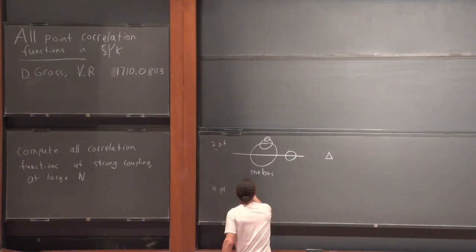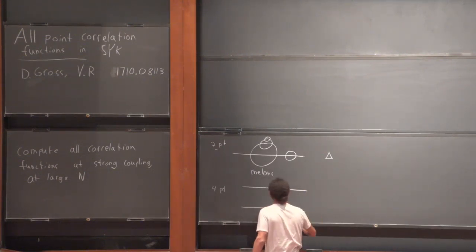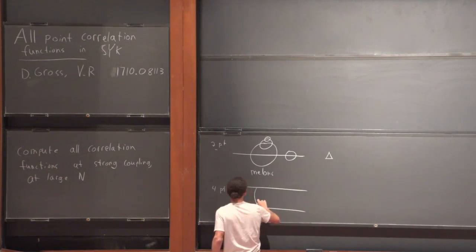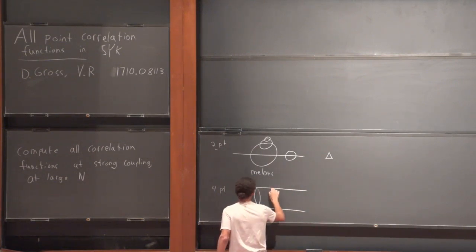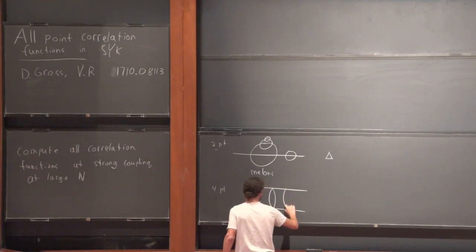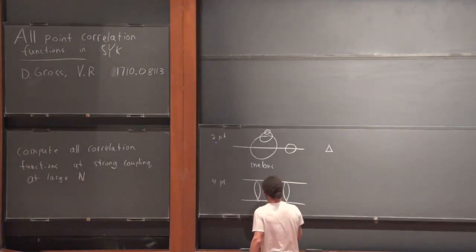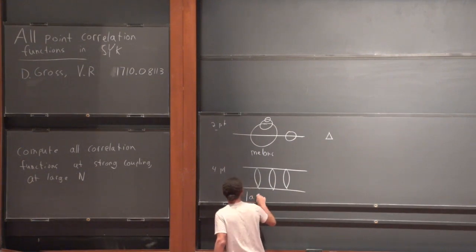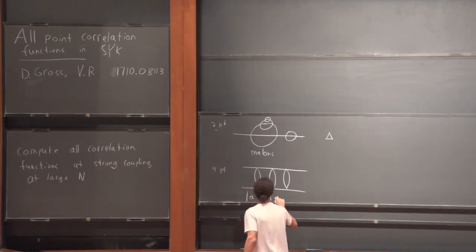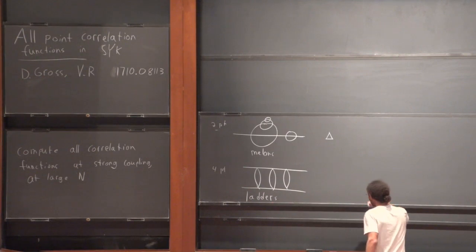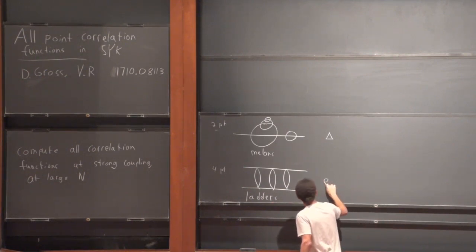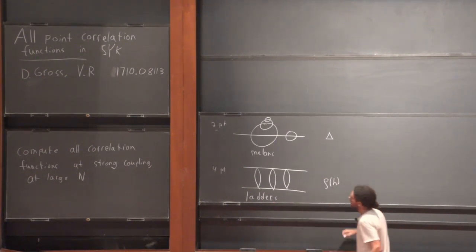So then we proceed to the four-point function and sum ladder diagrams, such as these. And all the information about the four-point function after doing the sum will be encoded in a function which I'll call rho of h.